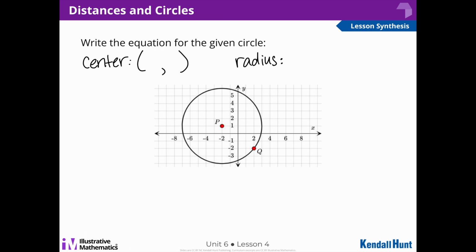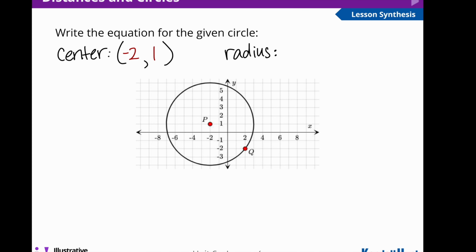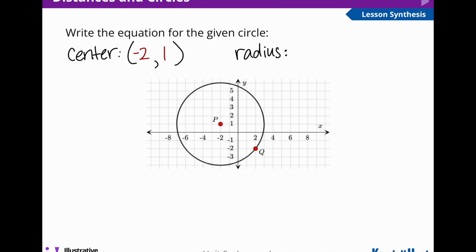All right, so let's go over this one. The center of this circle is at -2, 1. And the radius of this circle, you can count the horizontal distance from the center over to the side. This is 1, 2, 3, 4, 5. So it's going to have a radius of 5. Because remember, the radius is from the center to one side, not the entire distance. That's the diameter.